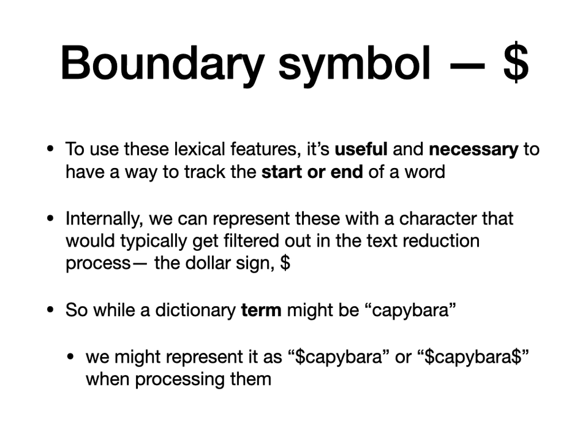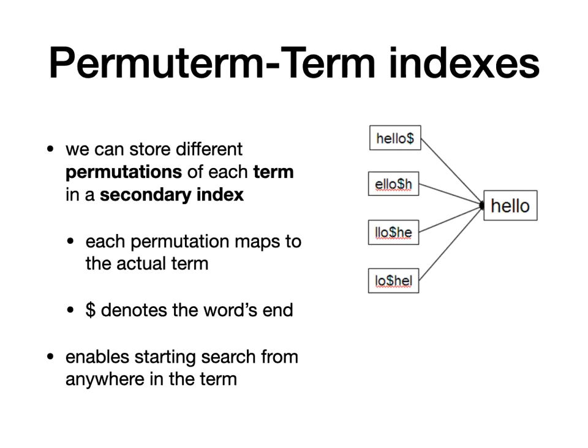The symbols that you see are going to represent the beginnings and ends of words. Okay, so let's talk about how we can do all this using this secondary permuterm index. So the idea is we're going to store different permutations of every term in the secondary index.